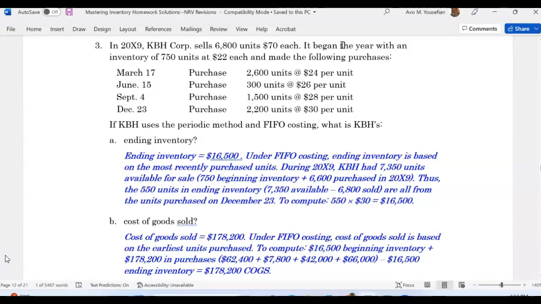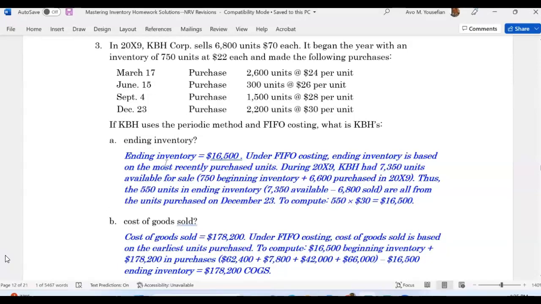It began the year with an inventory of 750 at $22 each and made the following purchases. 4 purchases. The company uses the periodic method, use the FIFO. What is the ending inventory? What is the cost of goods sold?